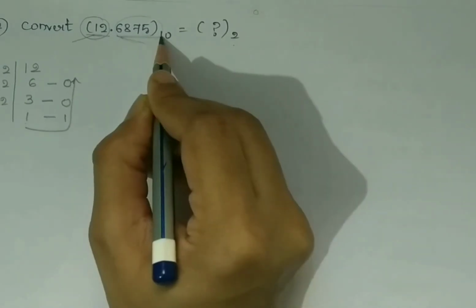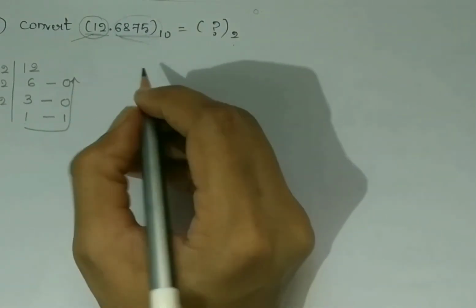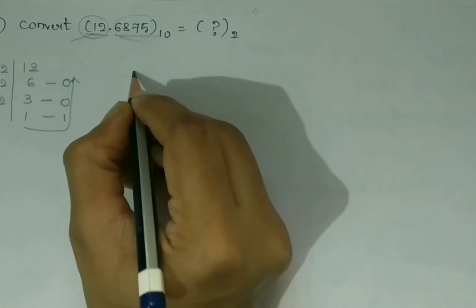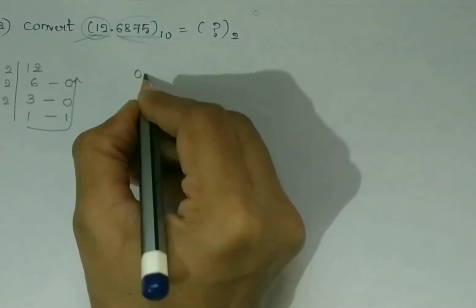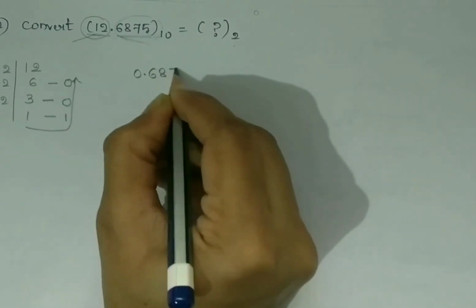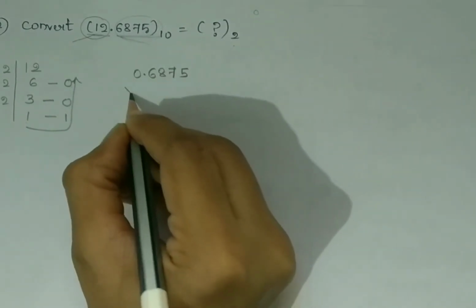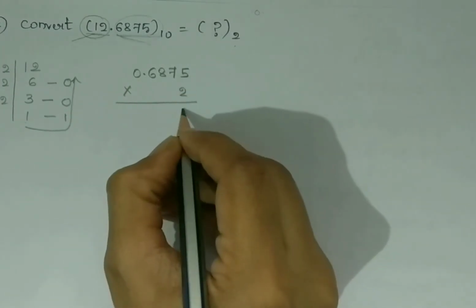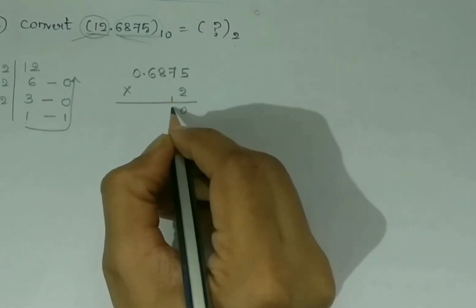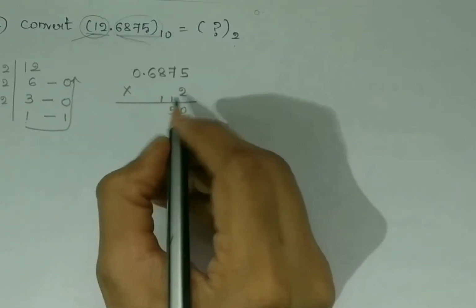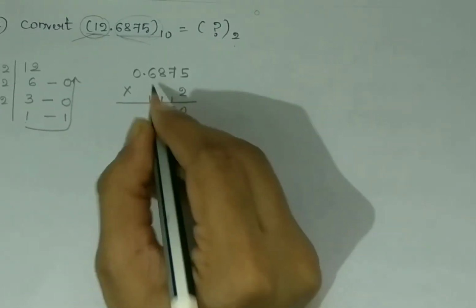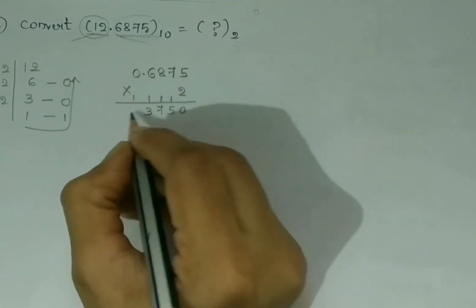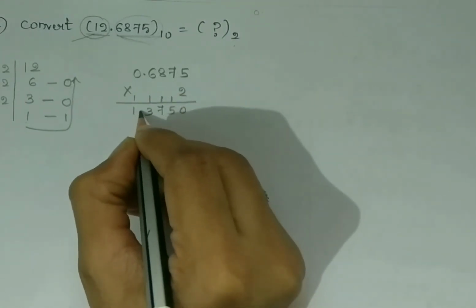Now convert this fractional number. So what are the steps? First take it as 0.6875 and multiply this number by 2. 2 5s are 10, 2 7s are 14 plus 1 is 15, 2 8s are 16 plus 1 is 17, 2 6s are 12 plus 1 is 13, and 2 zeros are 0 and 1 as it is.